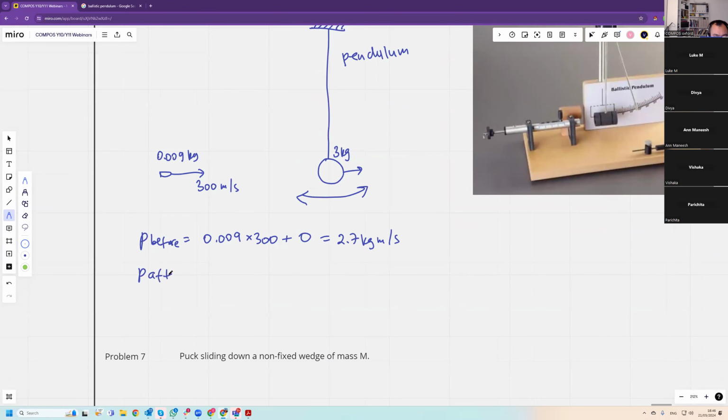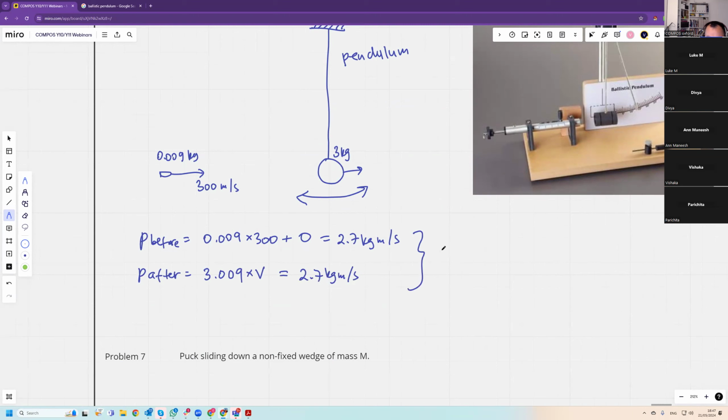Momentum after. Well, the mass is 3 kilograms. Well, it's not 3, it's 3 kilograms and 9 grams, because the bullet gets stuck in the pendulum, multiplied by the velocity, which is unknown, but it also has to equal 2.7 kilogram meters per second.